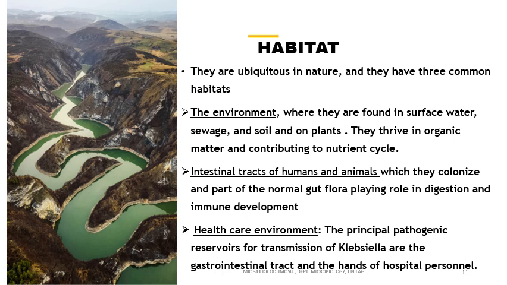And they are also found in the intestinal tract of humans and animals, where they colonize the gut and play a role in digestion and gut health, maintaining and improving immune development.